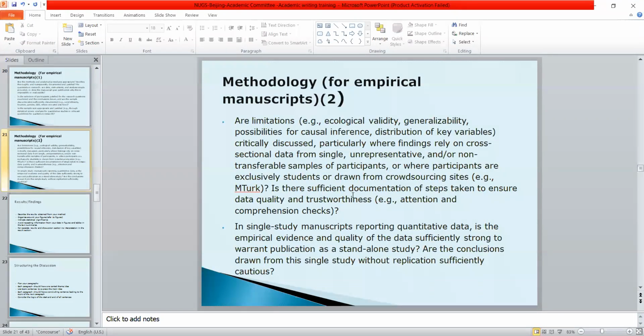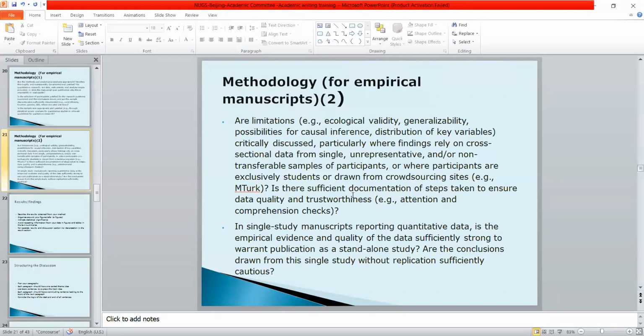Now, it continues. Are there limitations and other things? This is just under the methodology. Under limitations, as a continuation of the empirical, there is ecological validity, generalizability, the possibility for causal inferences, and distribution of key variables. All these things must be stated in your methodology.